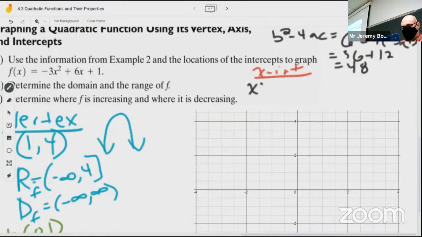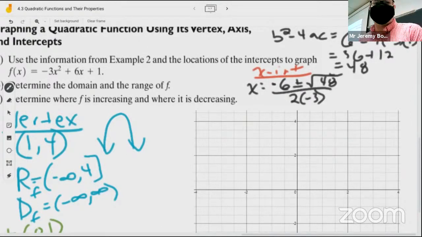So we're going to have to use the quadratic formula. So we'll have x is equal to negative 6 plus or minus the square root of 48 over 2a, which is 2 times negative 3. And so what is that going to be? Well, 48, 4 times 12, 8 times 6, yeah.